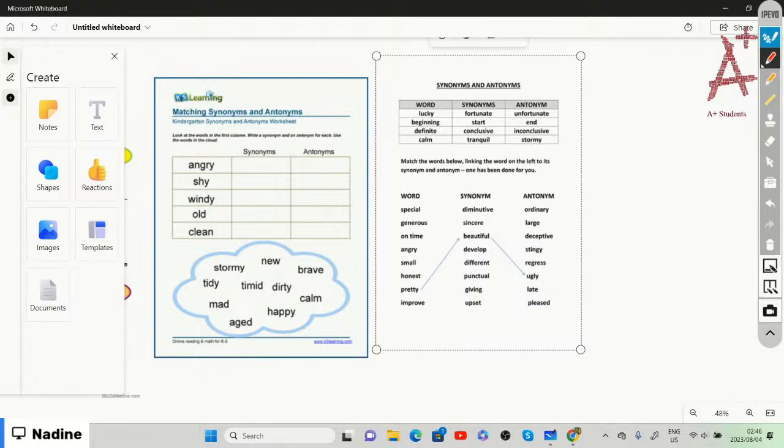Giving, generous is giving. All right, let's come back to special. We will come back to special. And then we have generous. So generous is giving, right? On time is punctual, right? If you are angry, then you are upset.